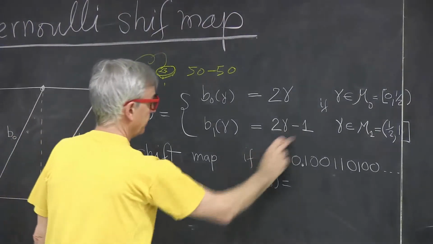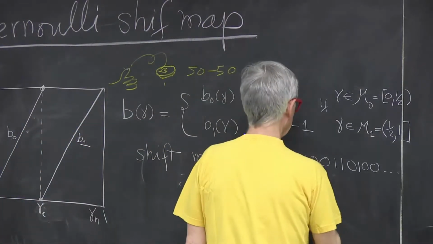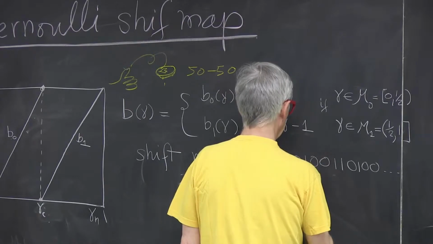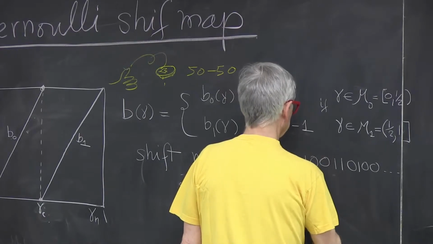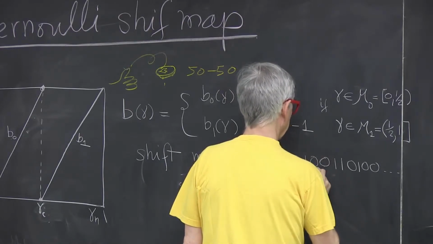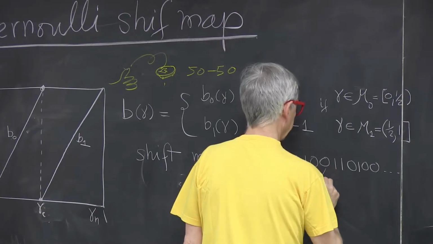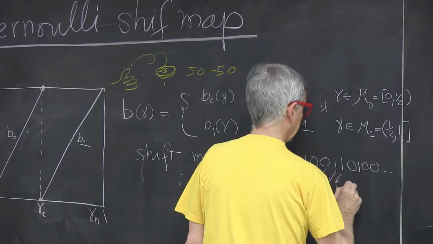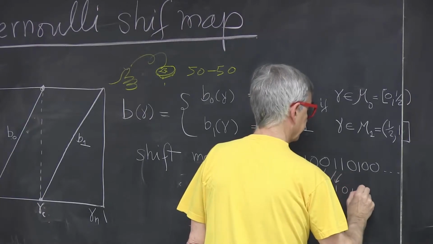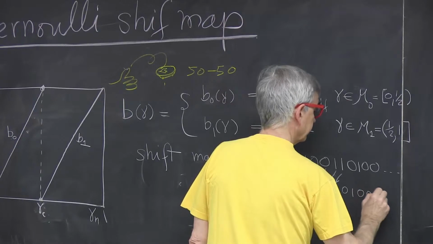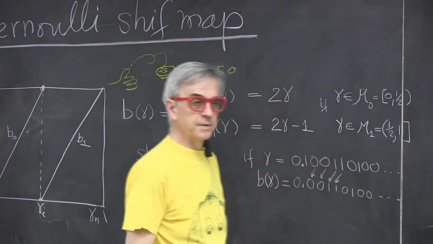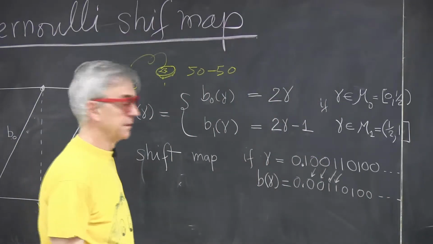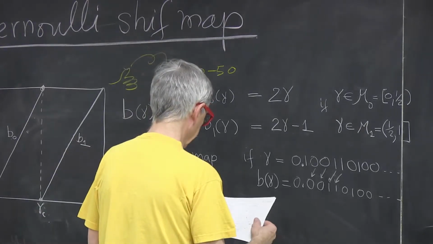That's why we have this -1 here. So this shifts to the left, this shifts to the left, this shifts to the left, and so on. So nothing can be simpler. That's the action of the map on a number in binary representation.